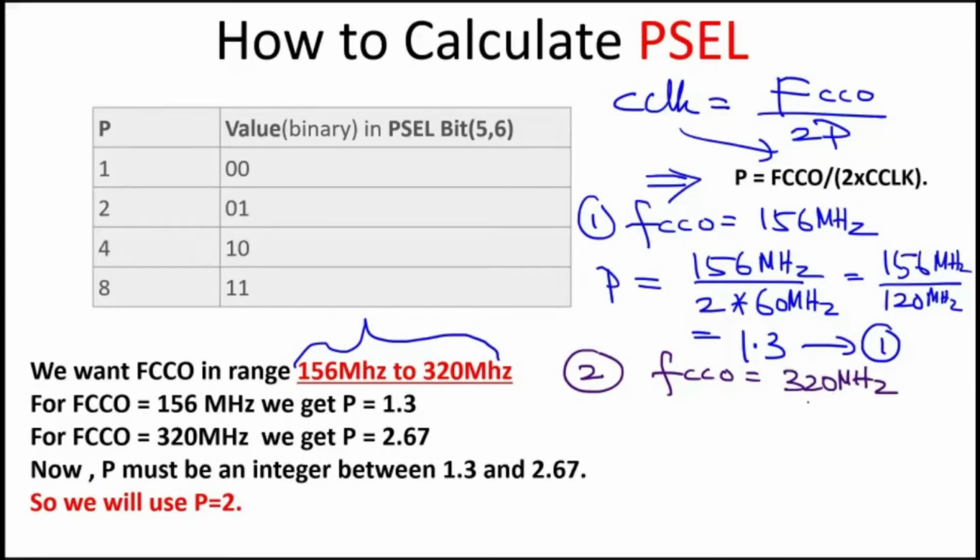As a designer, you have to make sure that the frequency of the current controlled oscillator, which is inside your PLL, works between these two limits. So that is what I am trying to do here.